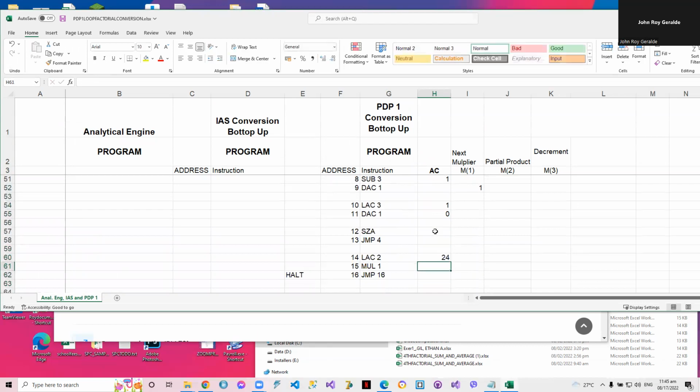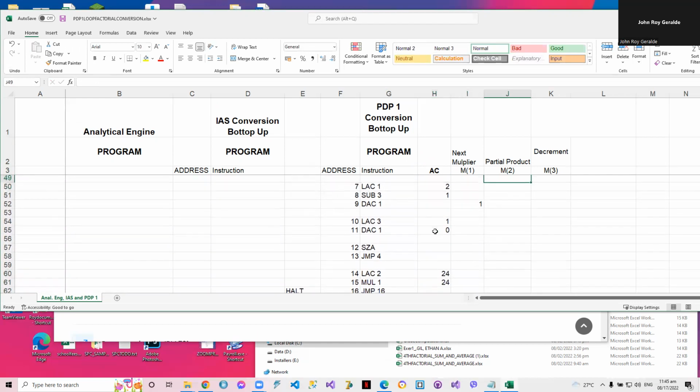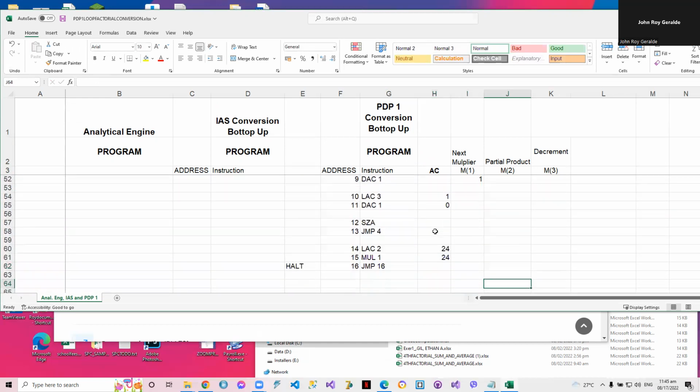And our last multiplier is 1. Multiplied by 1, we have 24. We don't need to store it anymore here because it's already at 24. If you want, you can do that. And then we just go to a jump 16, which is a halt.